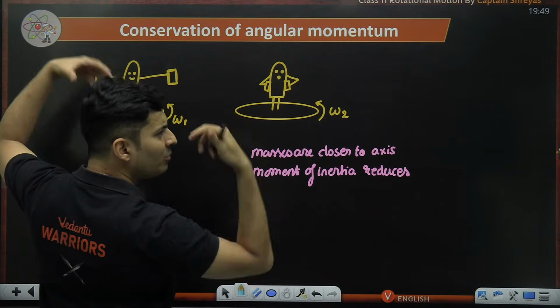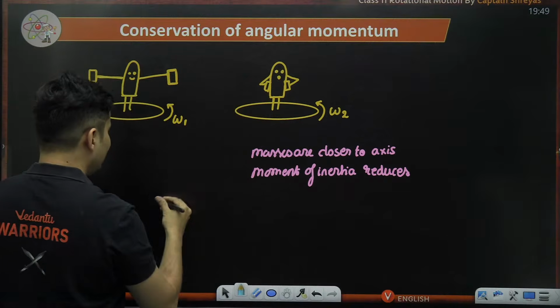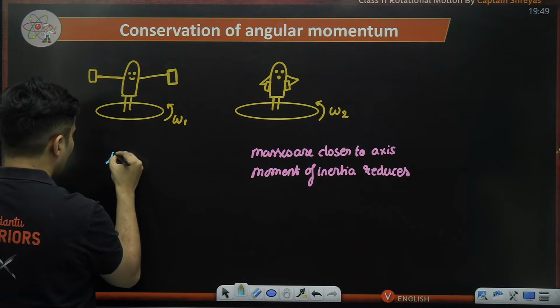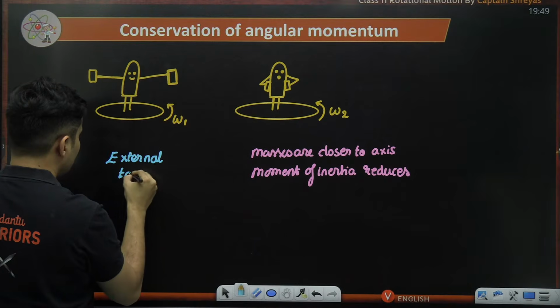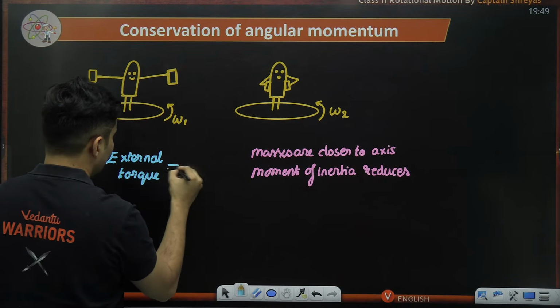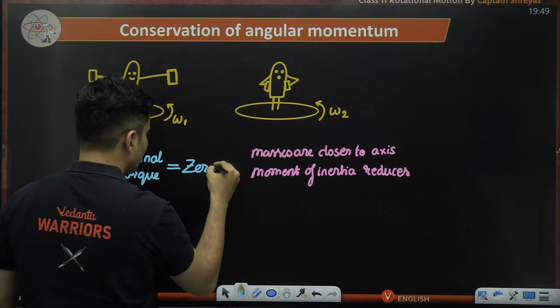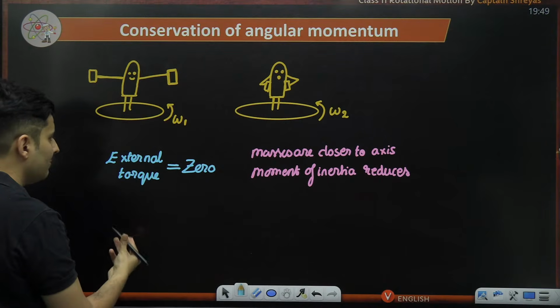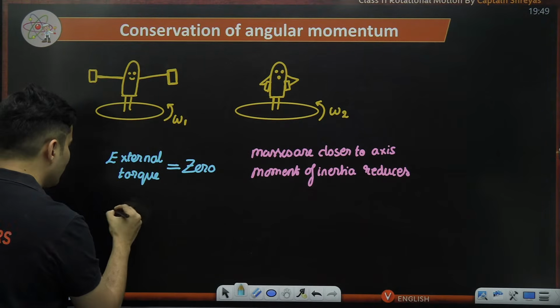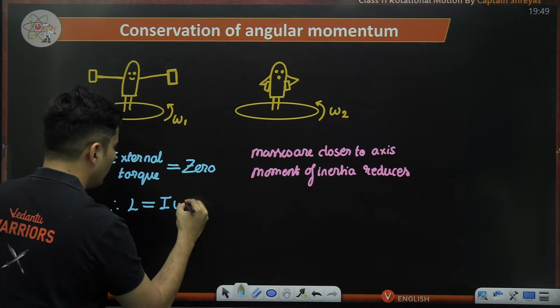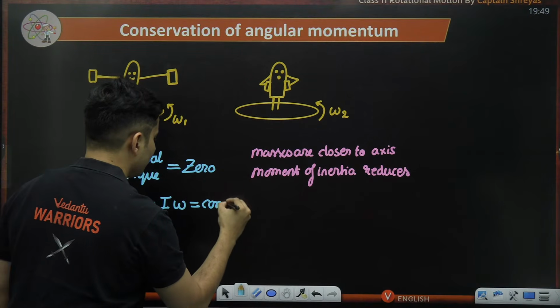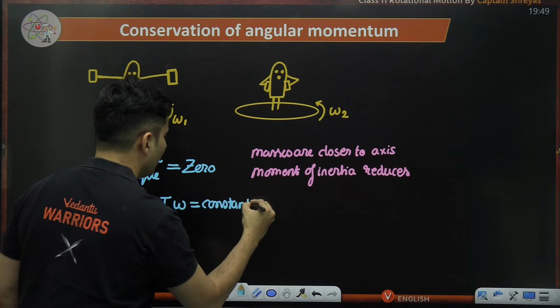Nobody is pushing, pulling, rotating him from outside. External torque is zero. He is already rotating. So therefore, angular momentum, which is I into omega, must be constant.